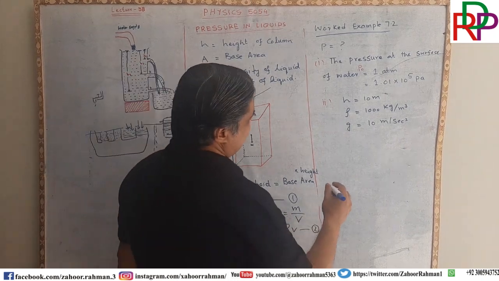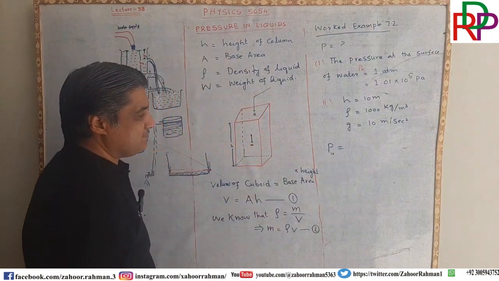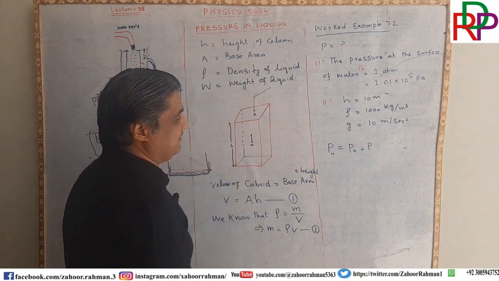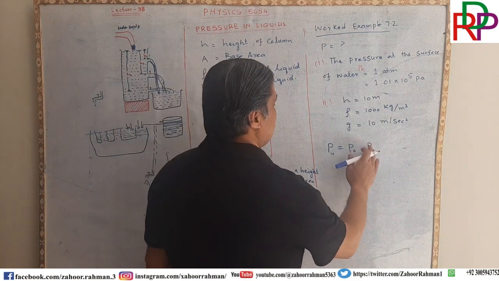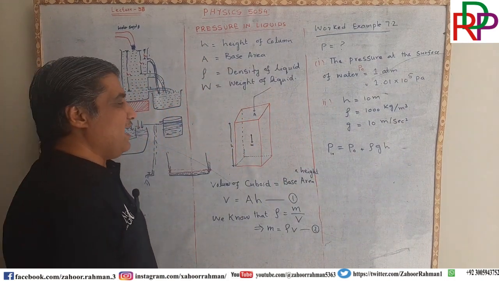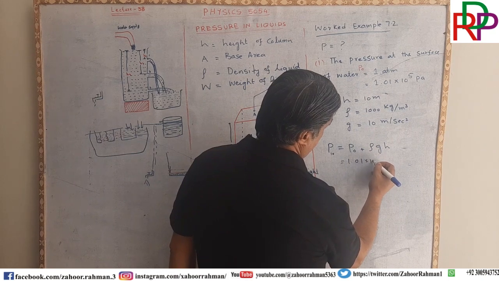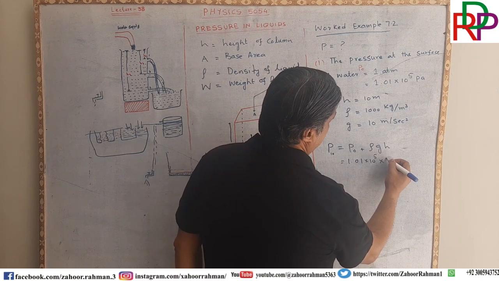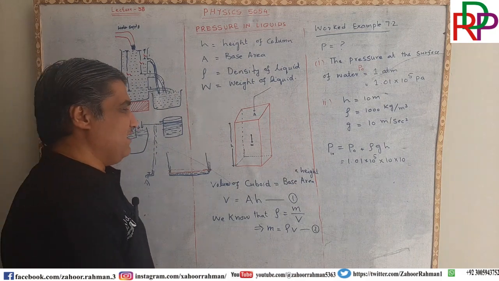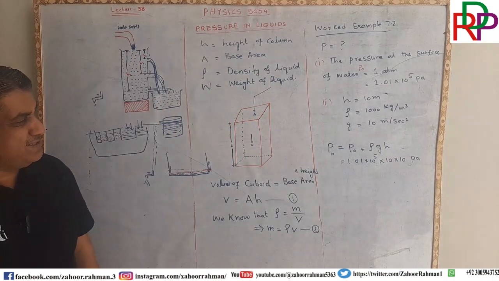Ladies and gentlemen, when the diver is at 10-meter depth, pressure is the pressure at the surface plus pressure due to the liquid, which is rho g h. Now we found this P naught here: 1.01 into 10 raised to the power 5, plus 1000 into 10 into 10. g is also 10 and h is also 10. So this is in Pascal.